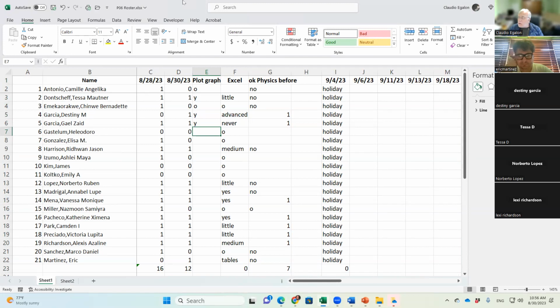Eleodoro is not here. Next is Elisa, I don't see Elisa. Ridwan, you plotted the graph, right? Yeah. Good, thank you. Ashley is not here. James is not here. I don't see Emily. Next, Norberto. Yeah, you plotted the graph.